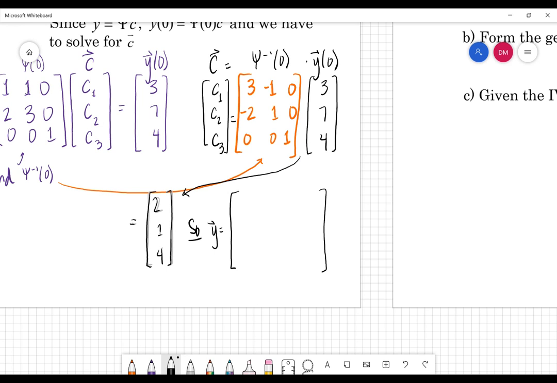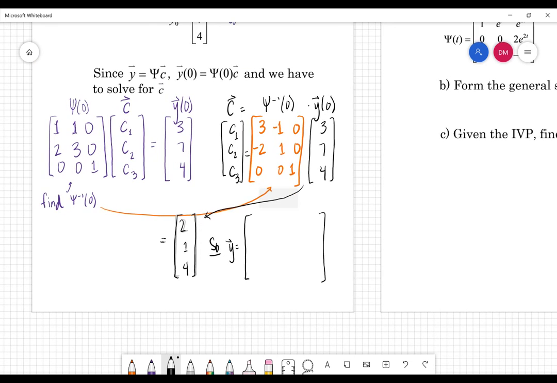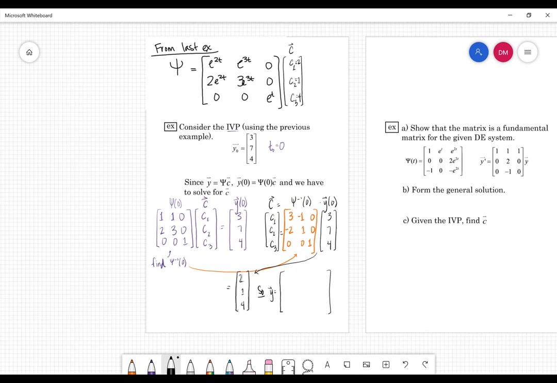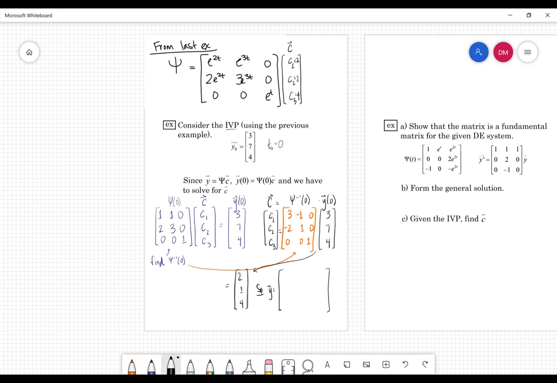And let's see if we can zoom out so I don't have to keep scrolling up and down on this. There we go. All right, if I do my matrix multiplication, what I'm getting for my element in my first row here is 2e to the 2t plus e to the 3t plus 0, because I take e to the 2t times 2 plus e to the 3t times 1 plus 0 times 4.